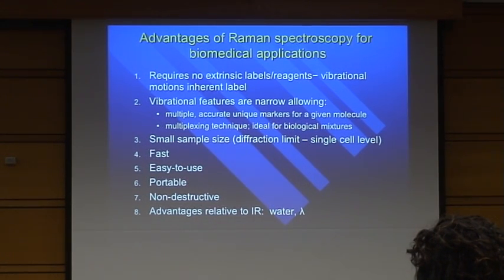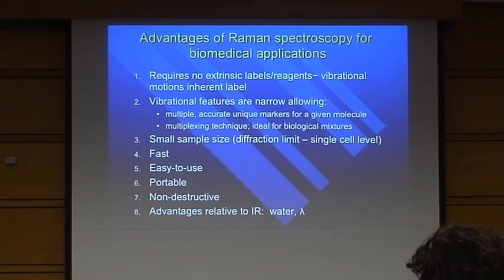They're relatively long, which is to say that you have narrow features that describe a vibrational spectrum, so that vibrational features are present for a given species, and you have a number of these. So there are a number of features that identify a particular molecule. And then because they are so narrow, it's inherently a multiplexing technique. You can see the multiple components that may be present in a biological fluid.